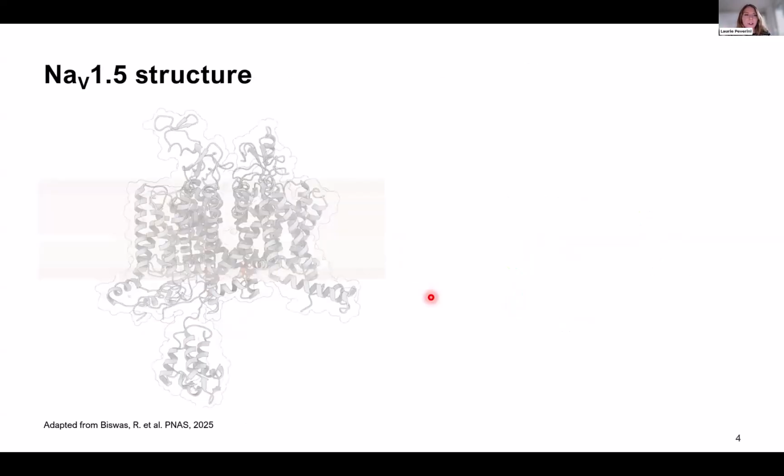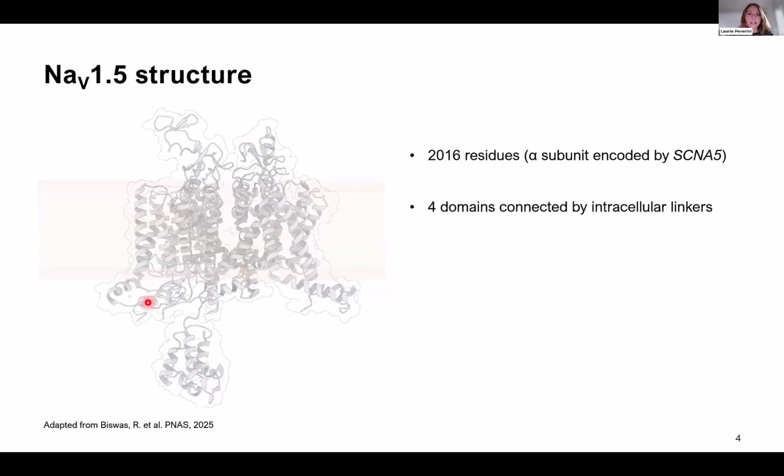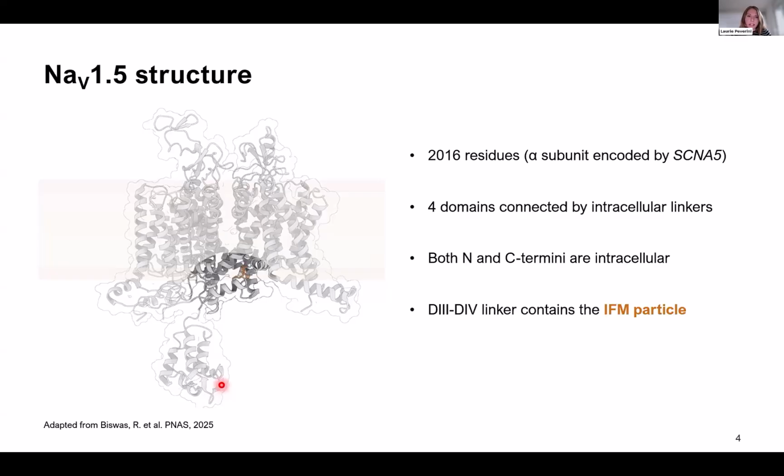In terms of structure, NaV1.5 is a pseudotetramer of more than 2,000 residues, and this constitutes what is known as the alpha subunit that is represented here. There are 4 domains that are connected by intracellular linkers, and the N and C termini are intracellular. Here you can see the C-terminal domain of NaV1.5.